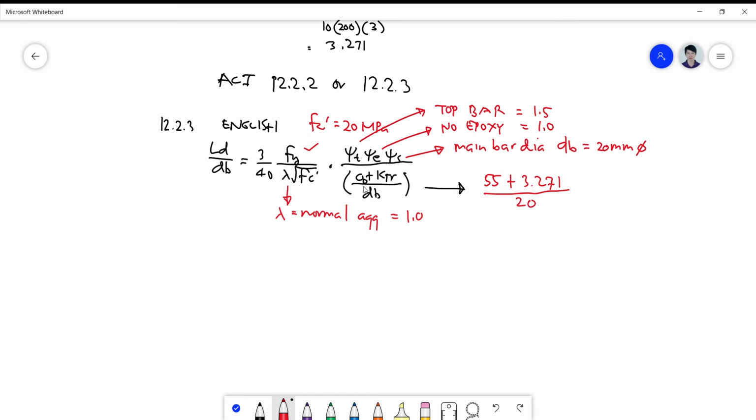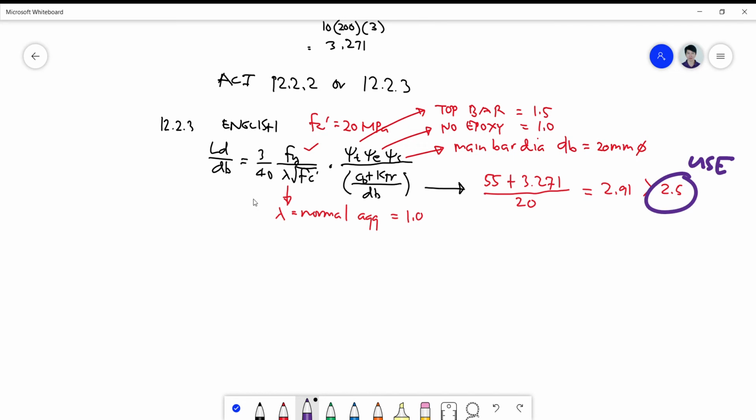Okay, so this is CB, millimeter. KTR is dimensionless. There's no unit here, so you don't have to worry about it. Okay, so let's look into the resulting value. 55 plus 3.271 divided by 20. So this is 2.91. This is greater than 2.5. Therefore, what are we going to use? Okay, we have to use this one, because it should not exceed 2.5.